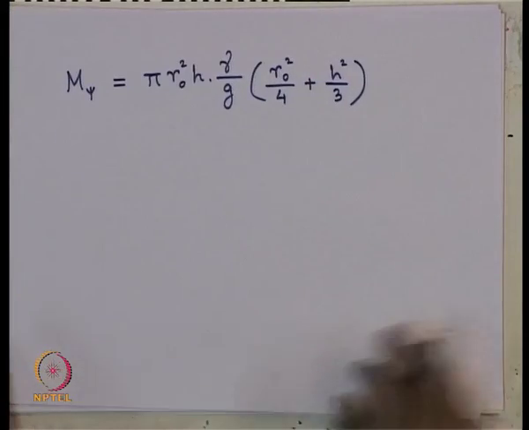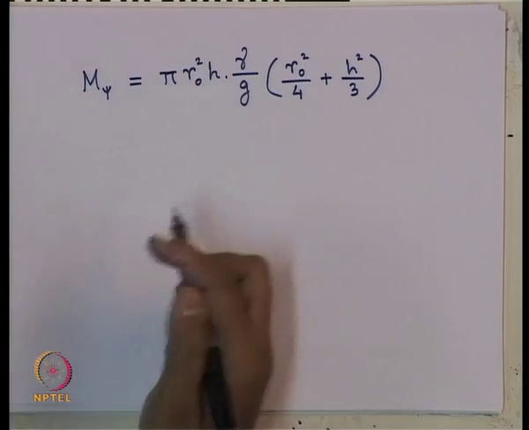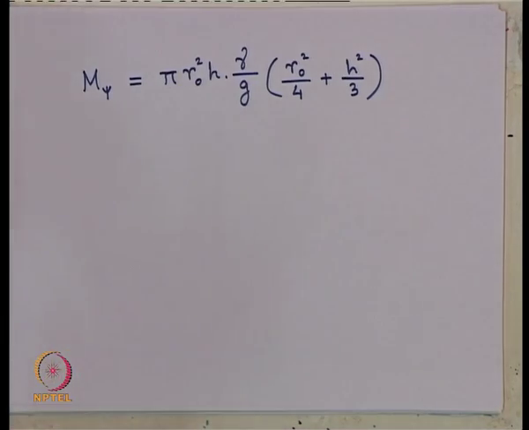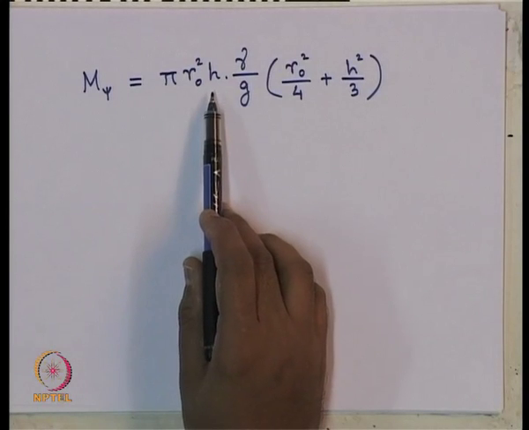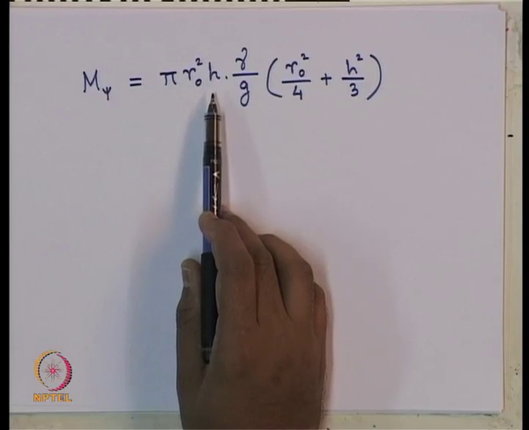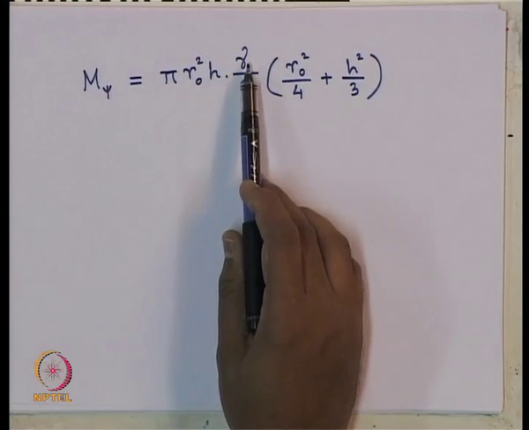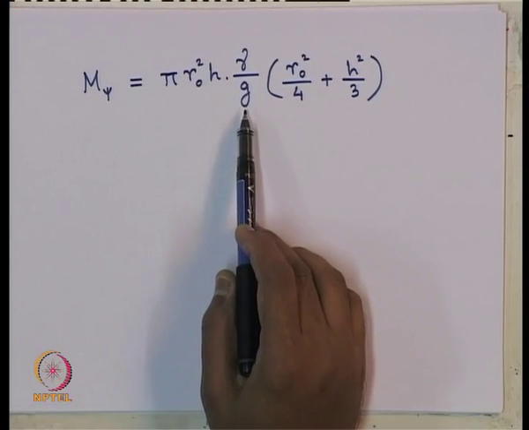What are different components? Let me explain to you. R naught already we have mentioned, this is the equivalent radius of the circular footing. H is the height of the footing, which is 15 centimeter given to us. Gamma is unit weight of the soil, g is acceleration due to gravity.